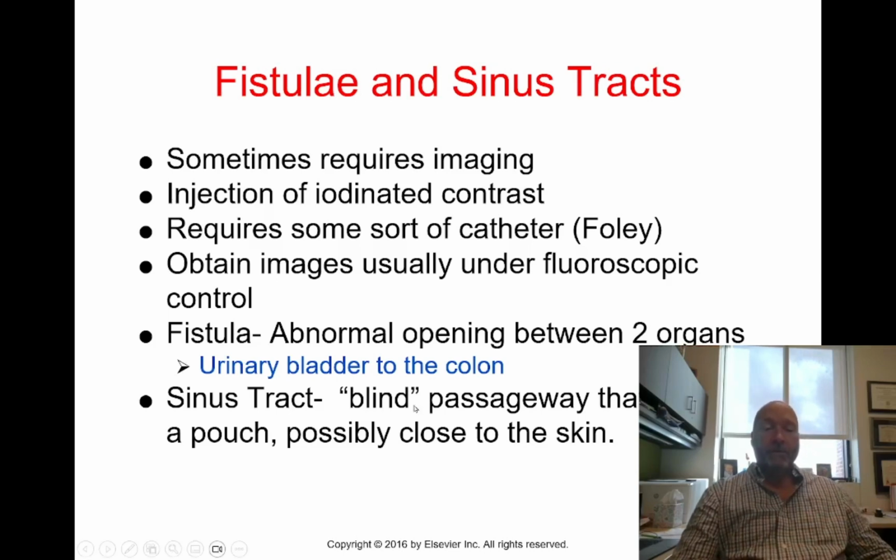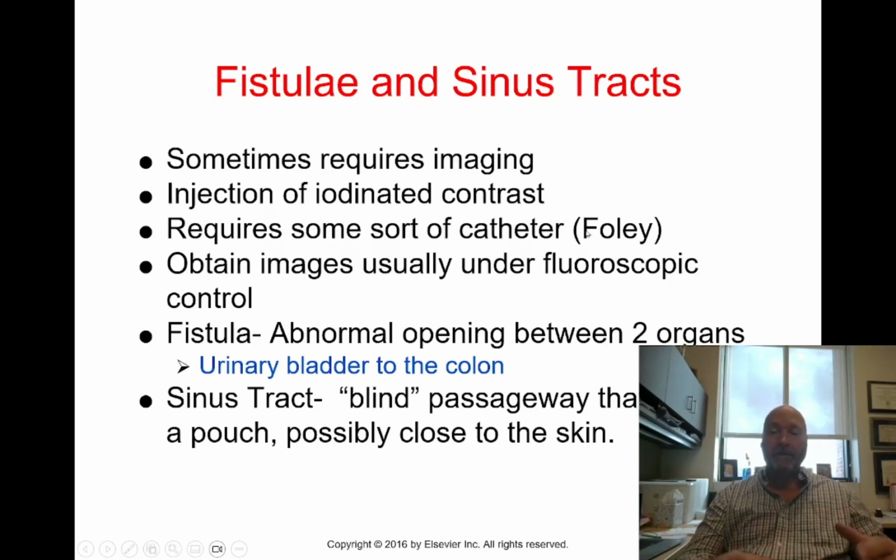So what we would want to do is be able to assess exactly where the contrast is going. Is it just going to a sinus tract, which is just a blind passageway that ends, kind of like a dead end road, or is it truly a fistula? So we'll inject, we might use something like a Foley catheter.